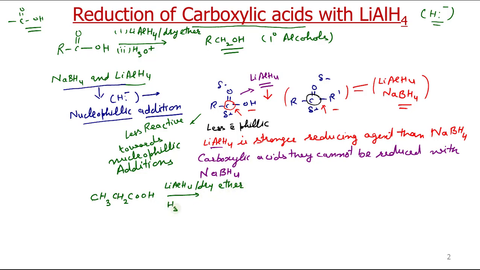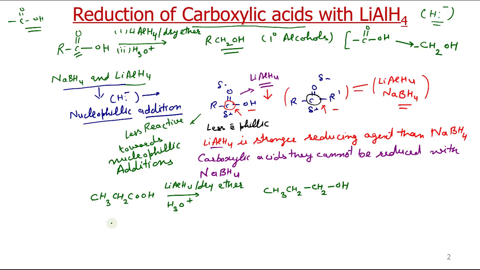Second, acidic hydrolysis, the product will be CH3CH2CH2OH. This will be the product. So what will happen? In the reduction, the C double bond O, OH group, COOH, gets reduced to CH2OH. The primary alcohol will be the product.